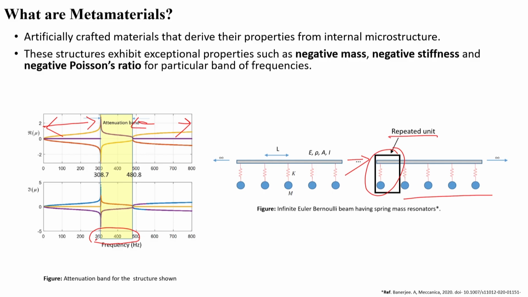That means, even though I am sending a signal, nothing is coming out here, very strange, as if the entire structure is absorbing the energy somehow, and that only happens in a frequency band which we call the attenuation band.